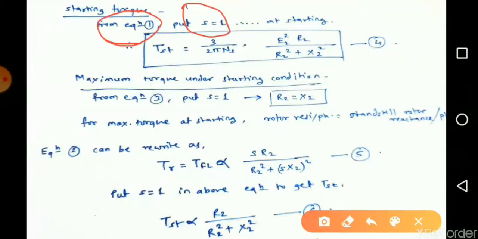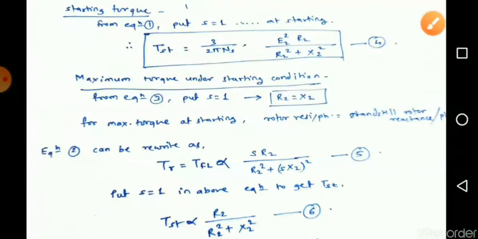Based on this, we can rewrite equation number 1 as T_ST is equal to 3 upon 2 pi ns into E2 square R2 divided by R2 square plus X2 square, which is equation number 4. This equation number 4 represents the equation for starting torque.